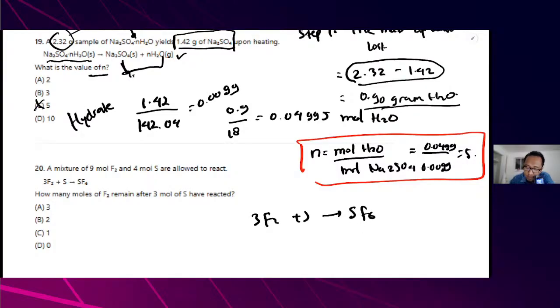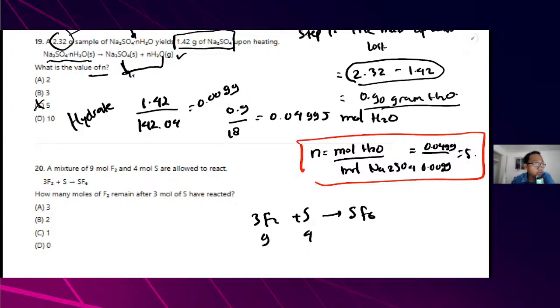So as you can see, F2 over here is 9, and then S is 4.